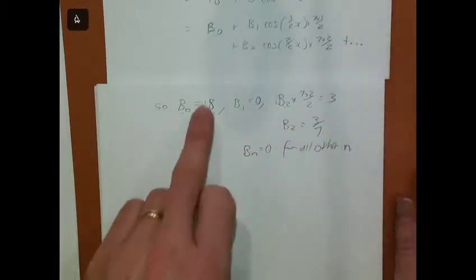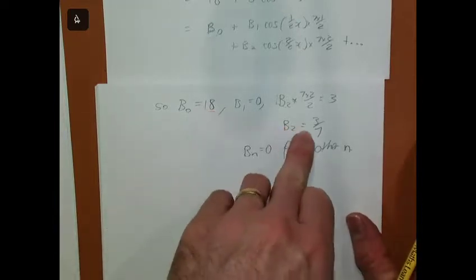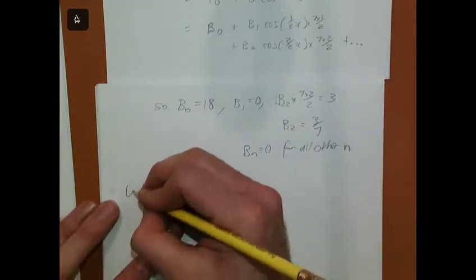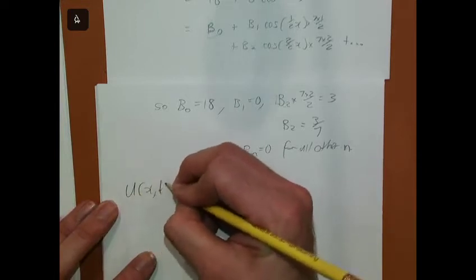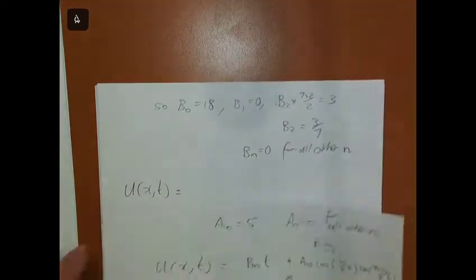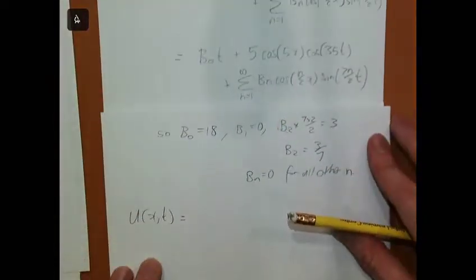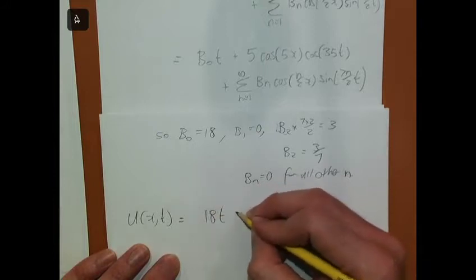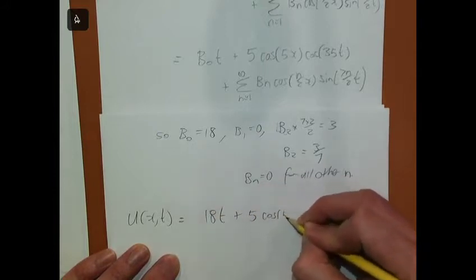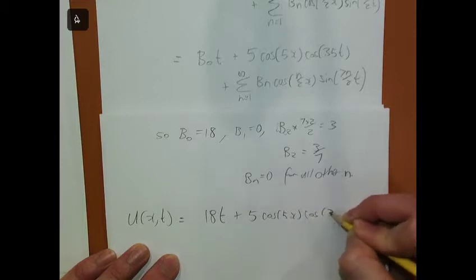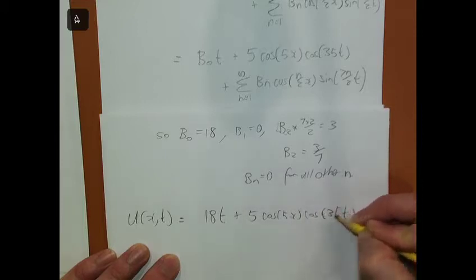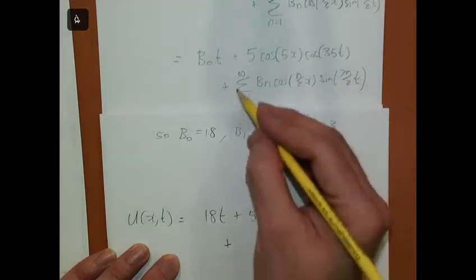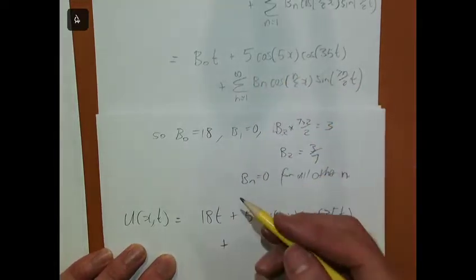Okay, so we've got the B0 and we've got a B2. So I've now finished the u of x,t, which is here, that thing. B0 is 18. I've still got my 5 cos 5x, my cos 35t from the a's. And the only one of these that actually exists is when n is 2.